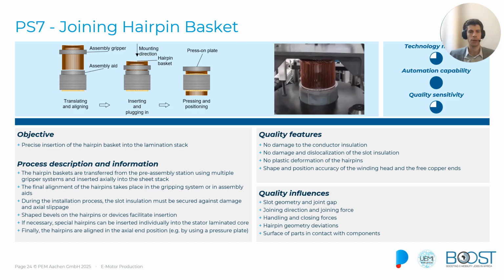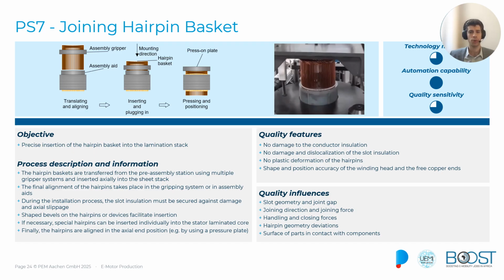The hairpin basket is transferred from the pre-assembly station using a multiple gripper system and then inserted axially into the stator sheet stack. Finally, the hairpins are aligned in the axial end position, for example by using a pressure plate.